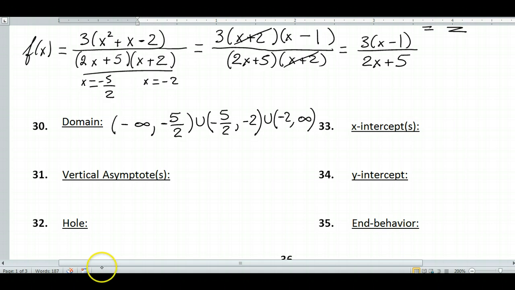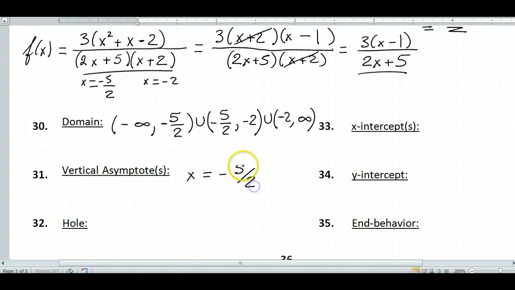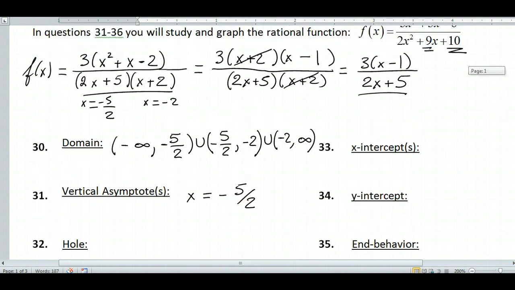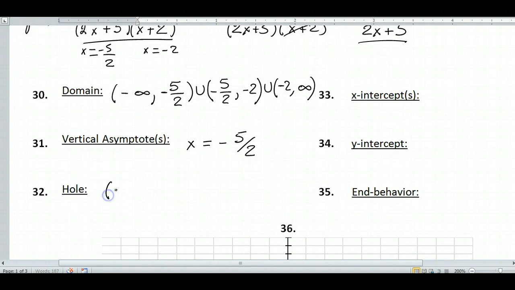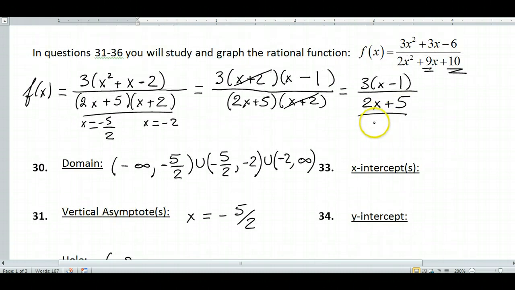Vertical asymptotes. X equals negative 2 is not one because it's a 0 of both the denominator and the numerator. The only one is the one left at the end. X equals negative 5 halves. Here we go. Hole? Yes, I do have a hole, and it's at negative 2. How do we find the y-coordinate of the hole? I'm going to plug negative 2 into that expression right here.